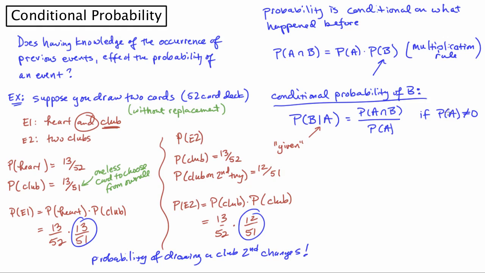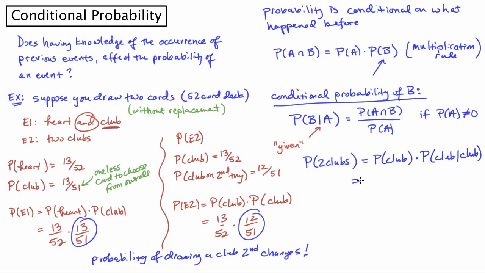Alright, well, let's apply this to this event 2. So I want to look at the probability now of getting 2 clubs using this formula. This is the probability of getting a club first times the probability of getting another club, but given that I've selected a club already.